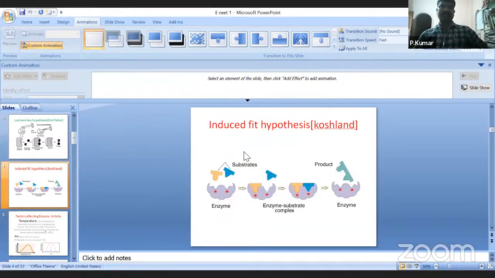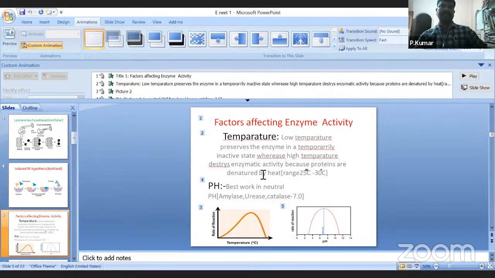Next is the induced fit hypothesis. The lock and key theory shows enzyme specificity, and the induced fit hypothesis is the failure theory, as it does not show enzyme specificity.